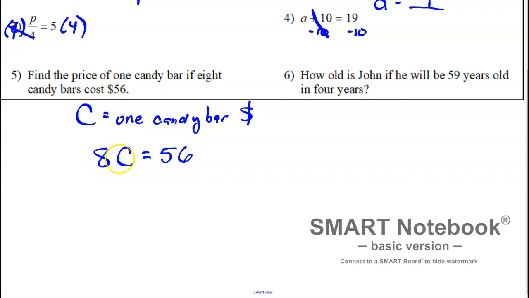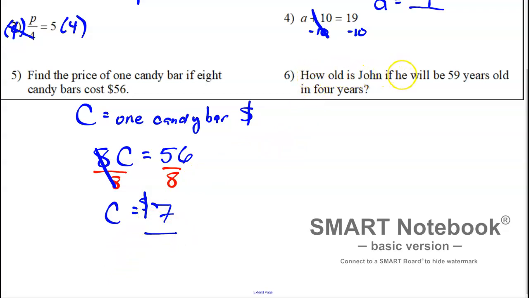So here I have 8 times C, and the opposite of multiplying by 8 is divide by 8. Multiplying by 8 and dividing by 8 cancels. So I have C equals $7. Okay? One step. And how do I know I'm done? How do I know I solved for C? Because C is all by itself and it equals this. Okay? Let's do the last one.